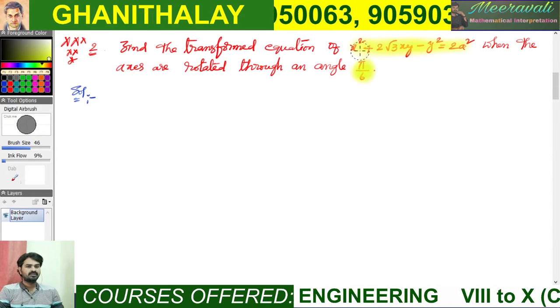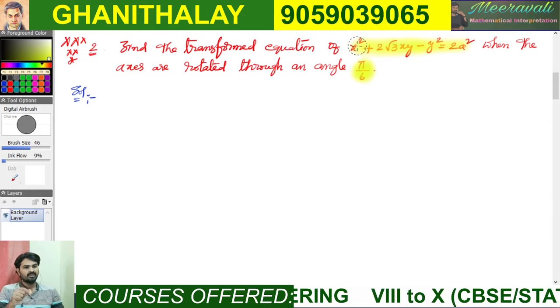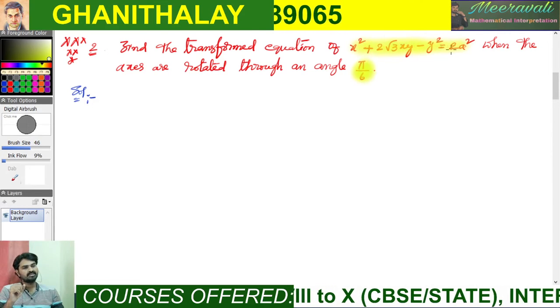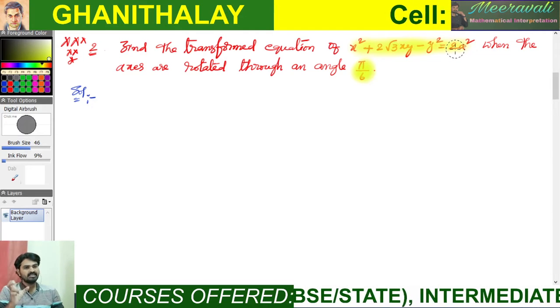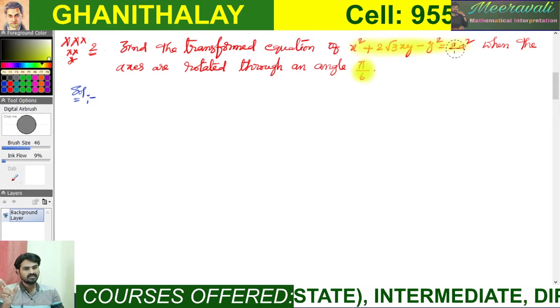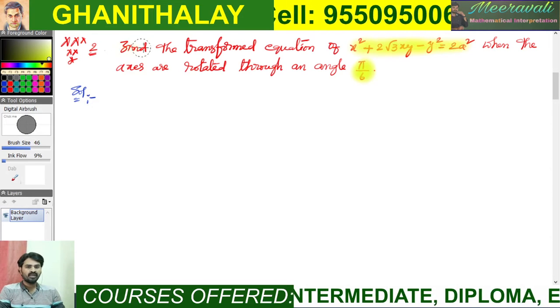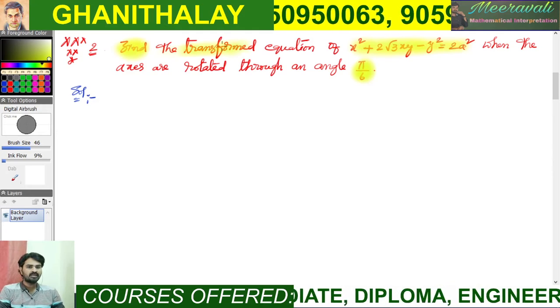So our question is, here you have seen the equation x square plus 2 root 3 xy minus y square is equal to 2a square. Now our question is, is this equation in the old system or the new system? For that, what are we going to find here? We have to find the transformed equation.